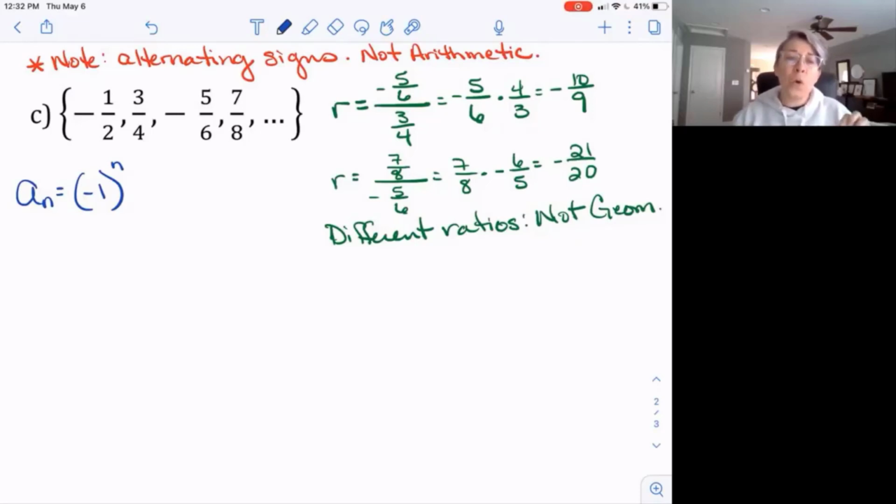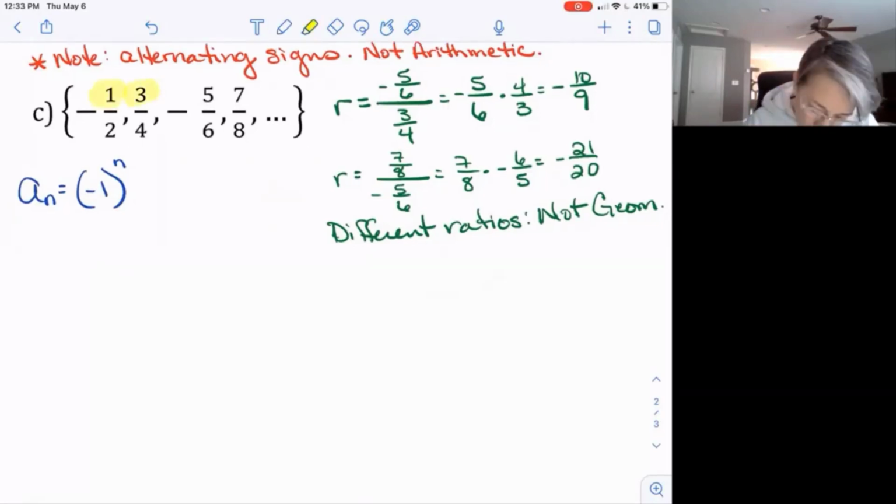Well, even though the whole piece isn't arithmetic, let's look at the numerators and the denominators separately. 1, 3, 5, 7. What's happening with those numbers? Notice they're all odd, which in itself is arithmetic. You're adding 2 every time to the top.